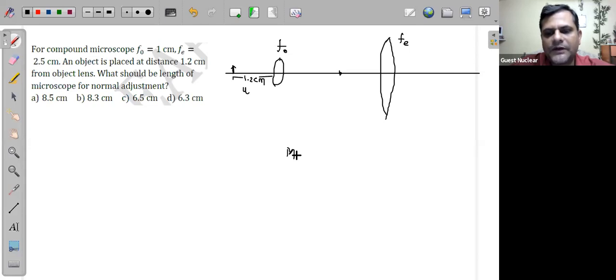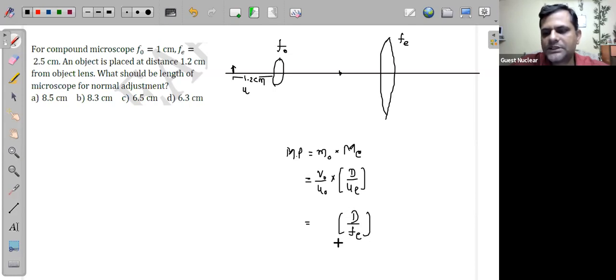वो मैग्नीफाइंग पावर ऑफ कंपाउंड माइक्रोस्कोप एक्चुअली हैपेंस टू बी द magnification produced by objective multiplied by the magnifying power of eyepiece. तो मैग्नीफाइंग पावर को हम कैपिटल M से डिनोट करेंगे और मैग्निफिकेशन को स्मॉल m से, और फॉर्मूले डाल दिए तो हमको मिलता है VO अपॉन UO एक तरफ, और ME के बदले हम दो वैल्यूज डाल सकते हैं। एक तो D अपॉन UE के बराबर मिलता है, लेकिन ये जो D अपॉन UE है तो वो या तो D अपॉन FE बन सकता है या 1 प्लस D अपॉन FE भी बन सकता है, depending upon whether the image is formed at infinity or at distance of distinct vision.